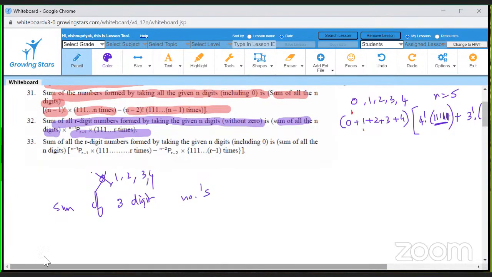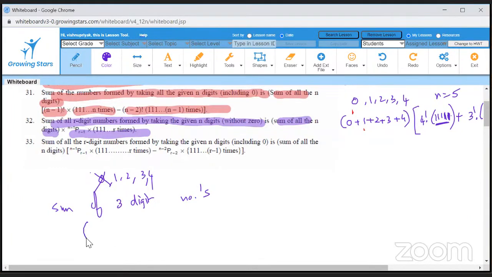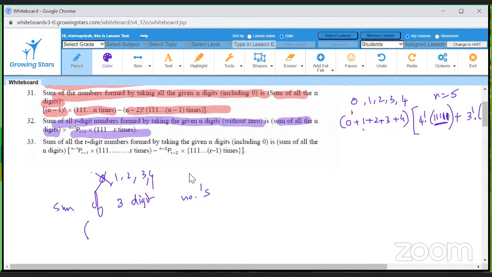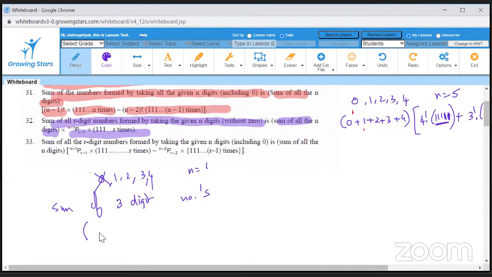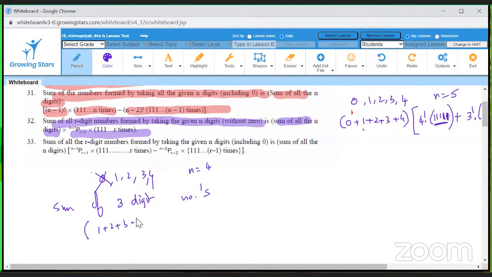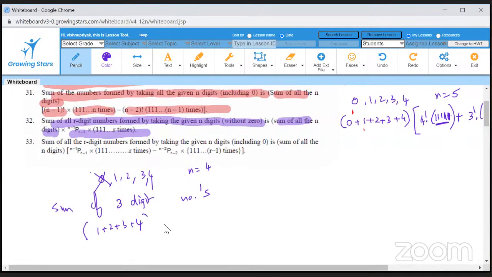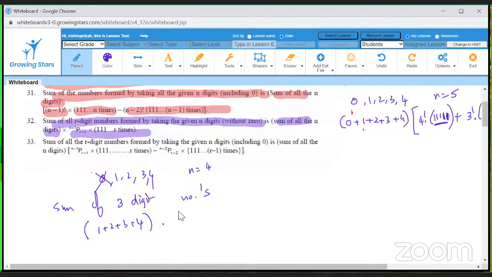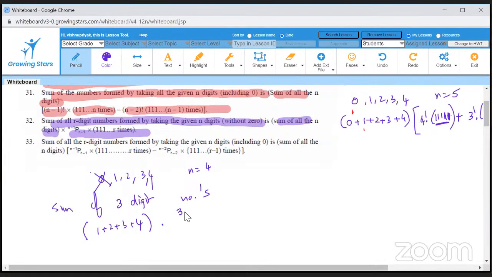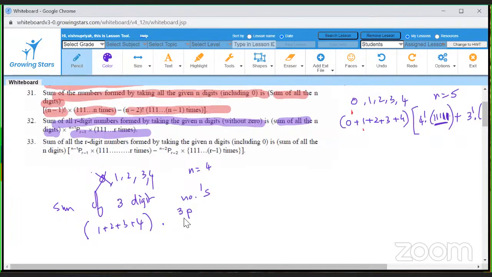This is without 0. So what I will do, first I will take the sum of all the n digits. What is n? N is 4. 1 plus 2 plus 3 plus 4. Then n minus 1, 4 minus 1, 3, P, r minus 1, 3 minus 1, 2.